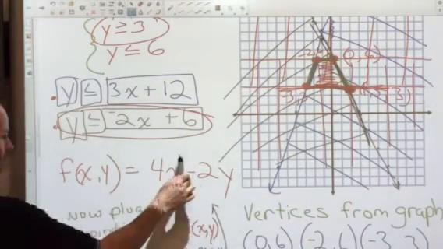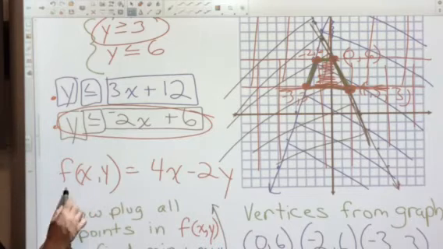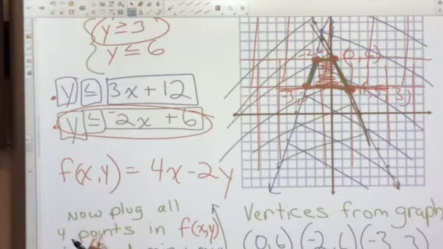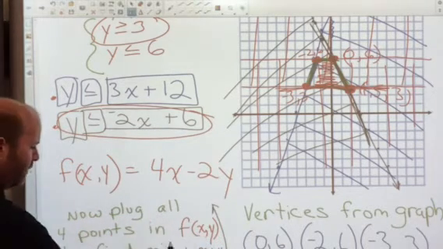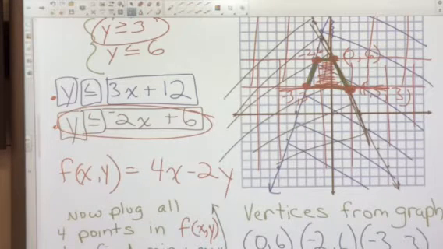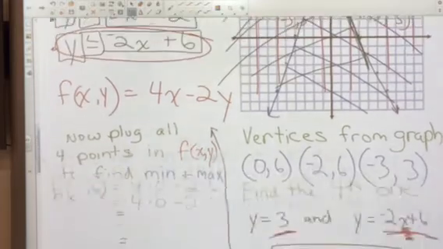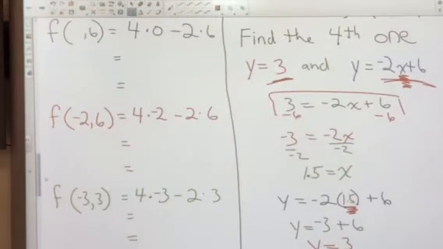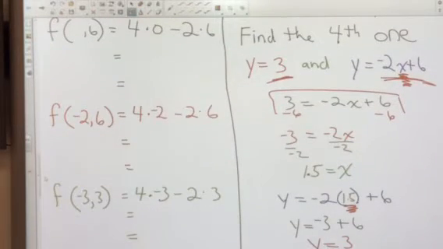All right, so now you have 4 points. So you're given an equation in f of x, y. Right now, plug all 4 points into f of x, y to find the minimum and the maximum. Plug in all 4 points. So to try to minimize my walking back and forth, 0, 6.